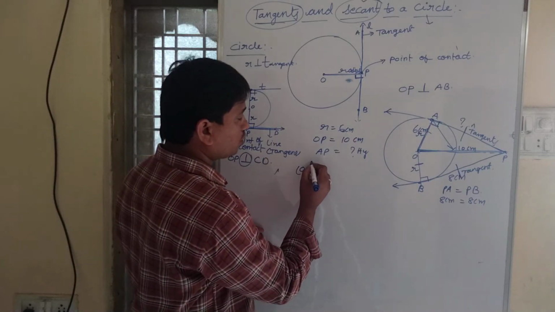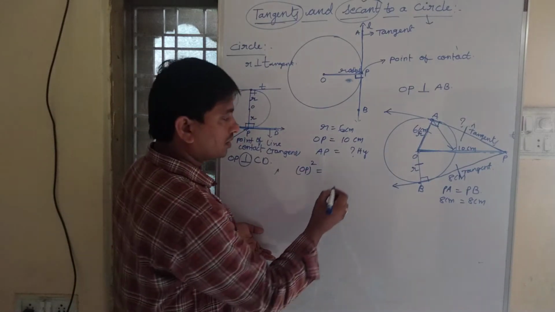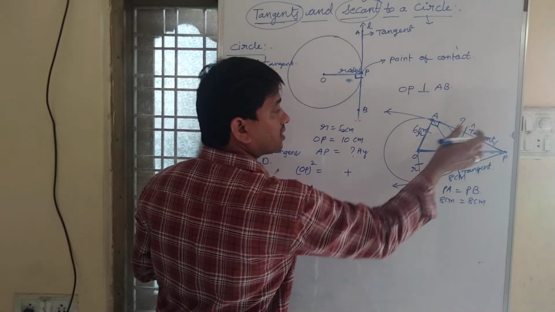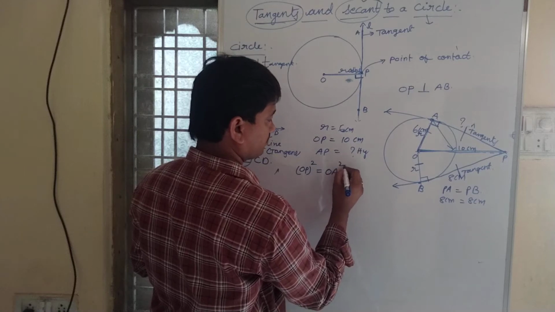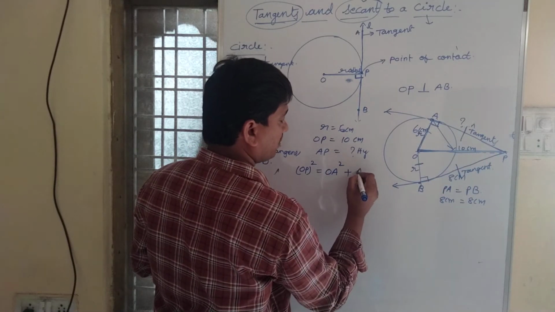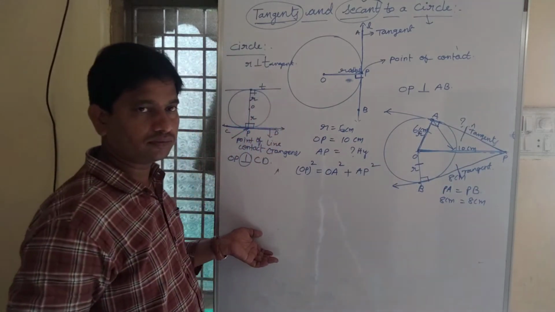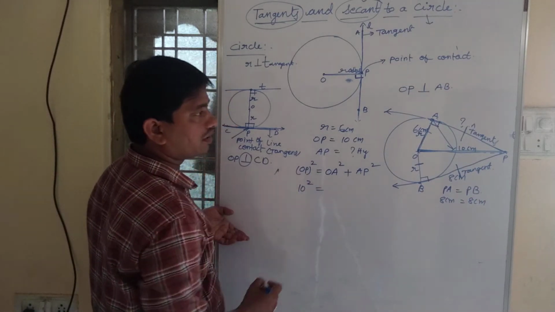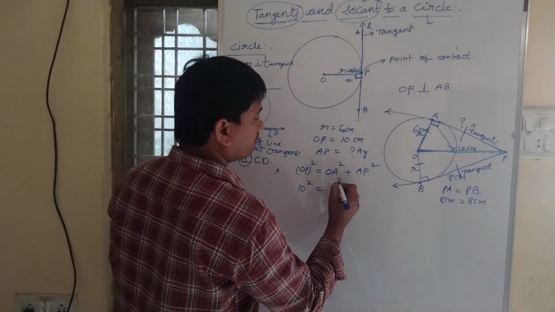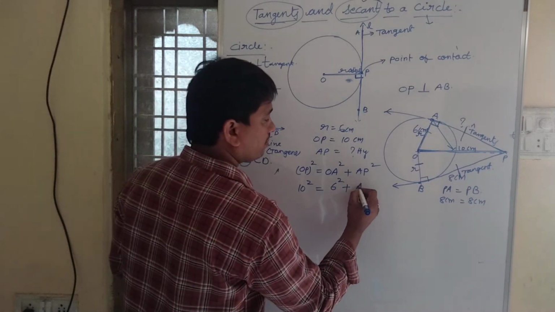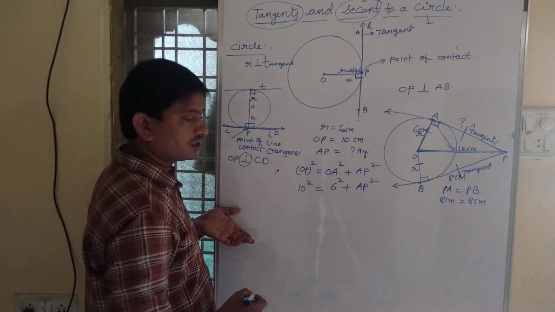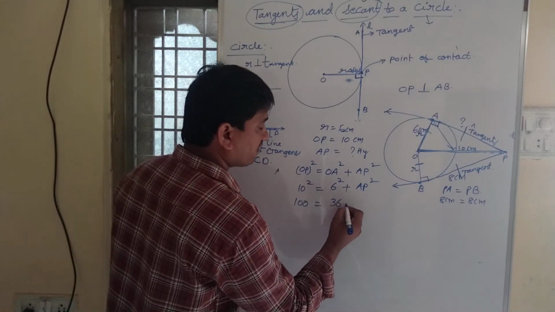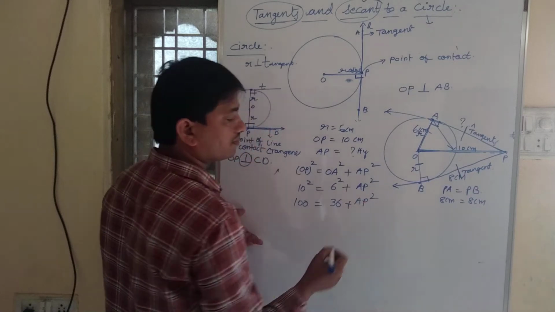Square of the hypotenuse is equal to the sum of the squares of the other two sides. What are the other two sides? One is OA and the other one is AP, children. Right? So here OP is how many centimeters? 10 centimeters, 10 squared. OA is 6 centimeters, 6 squared plus AP squared.